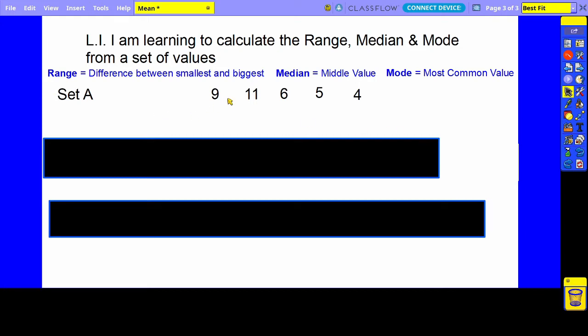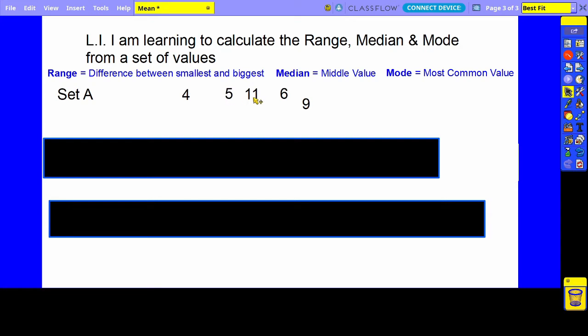Now, the very first step for working out the range, median, and mode is to put all of your values in numerical order from smallest to biggest. So we have here a data set of 5 different numbers, and we want to put them in numerical order. So 4 is going to be the smallest. 9 is going to be up there a wee bit.